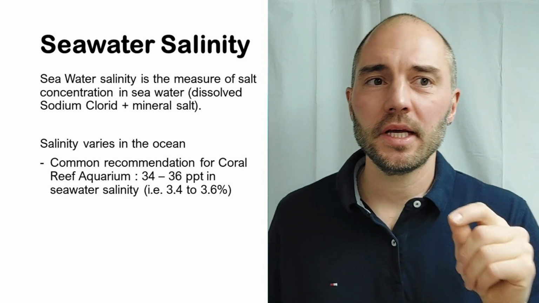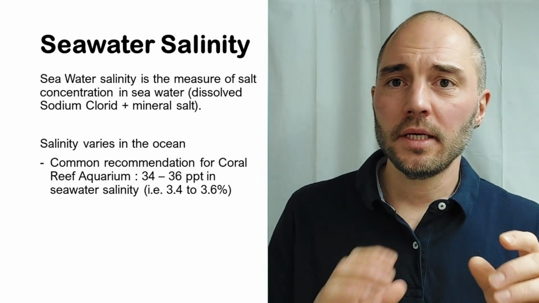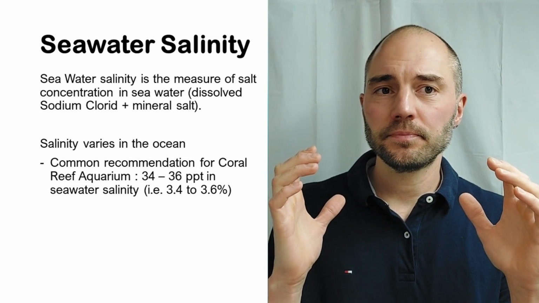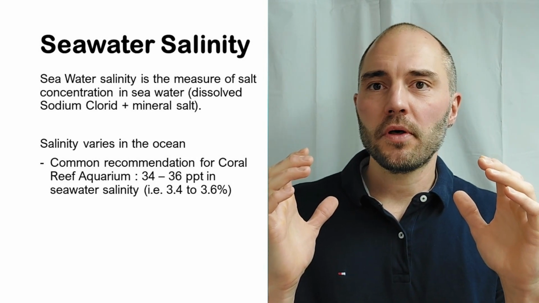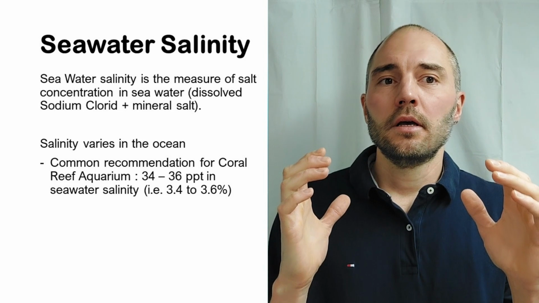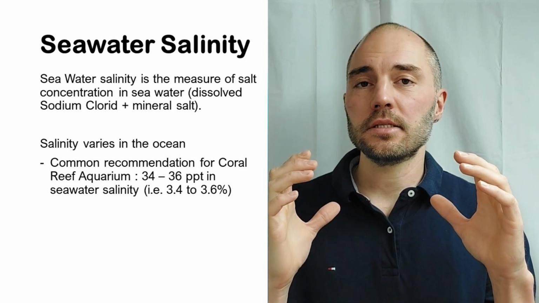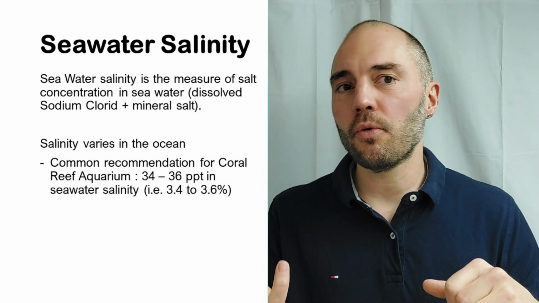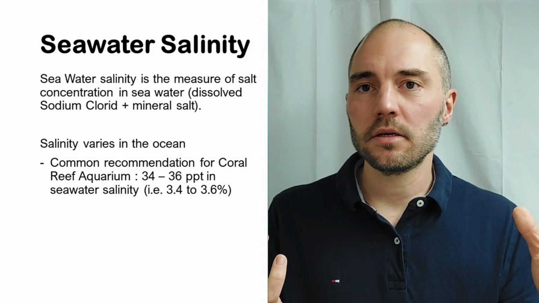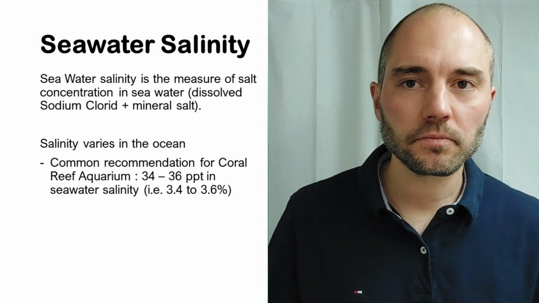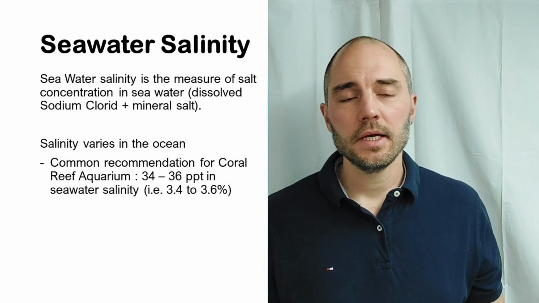The common recommendation for Coral Reef Aquarium is to have a salinity in the range of 34 to 36 ppt, and that is parts per 1,000. Now, this can also be translated to 3.4 to 3.6%, but it is common to talk about ppt, parts per 1,000.